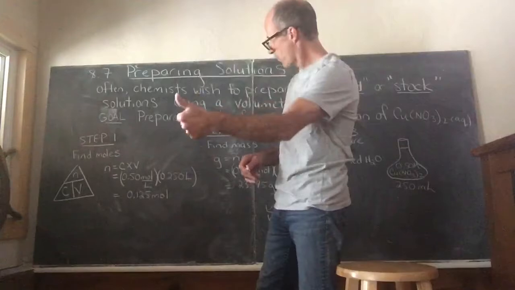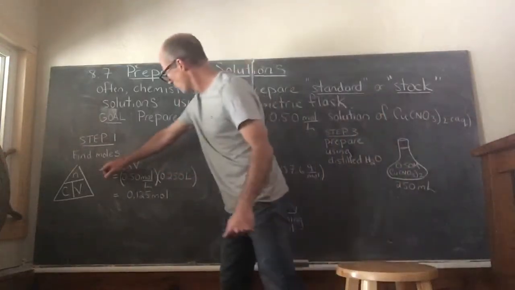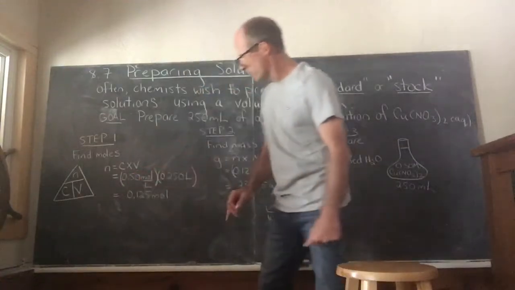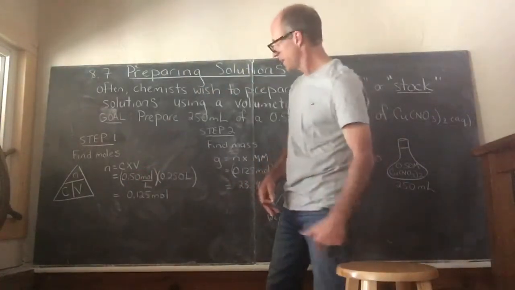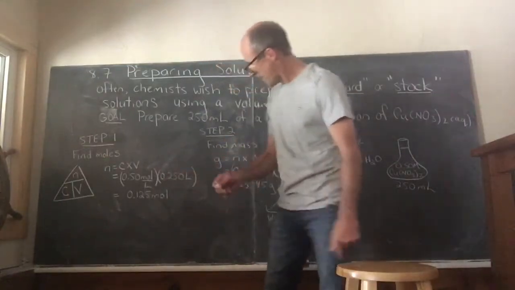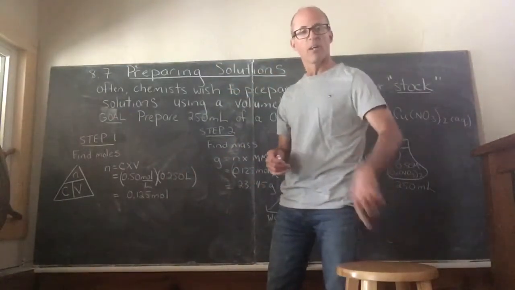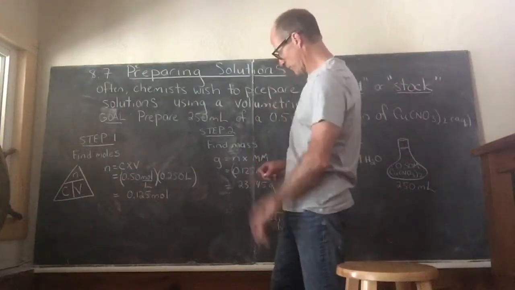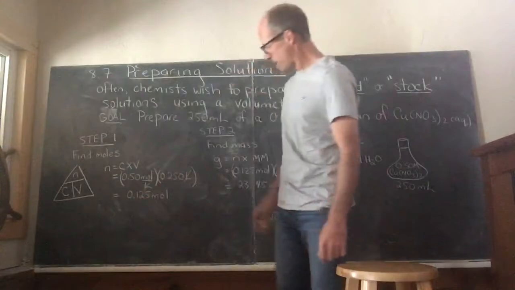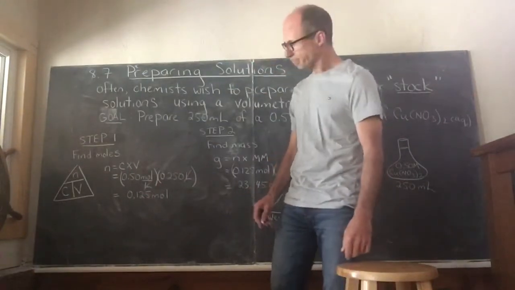So simple calculation, we find our moles first. That's concentration times volume. The concentration of our stock solution we're going to make is 0.5 moles per liter. And in this case, our flask is 250 mils, or 0.25 liters. Cancel out your units, and we end up getting 0.125 moles.